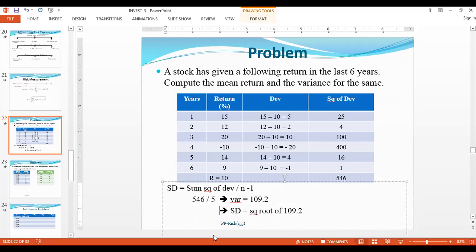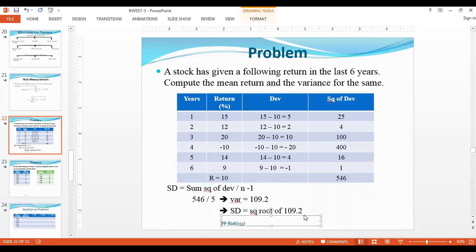So 10.44. 10.44, right? So what is your answer right now? 10.5?